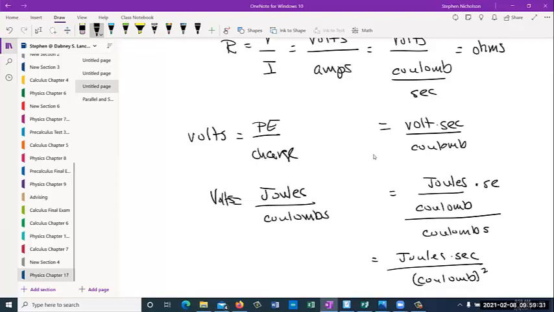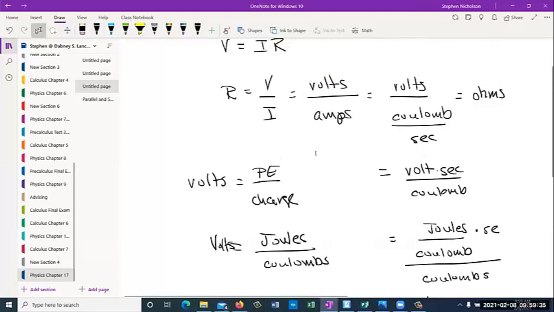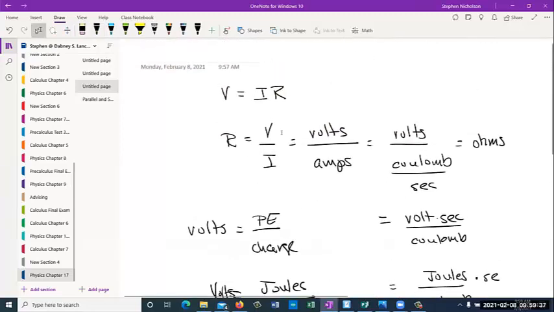I think that's right. Anyway, we don't have to worry about those things. We just need to worry that ohms are volts per amp.